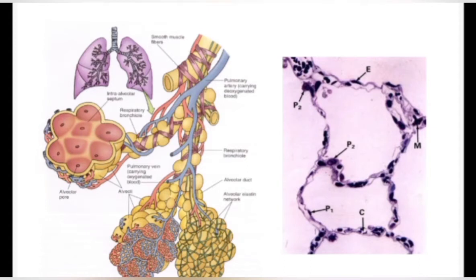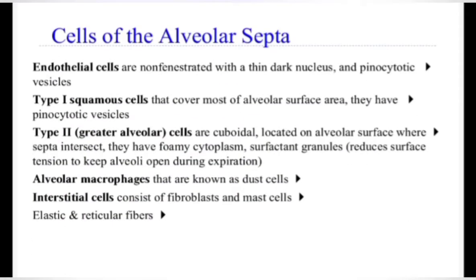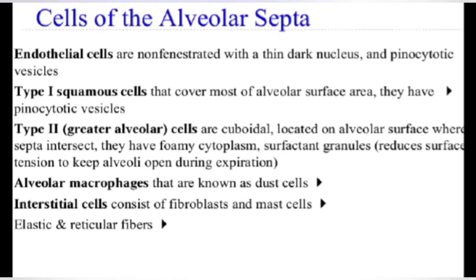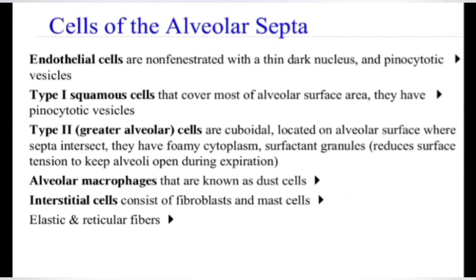So these are the alveoli, and they are surrounded by the capillaries, and this is the microscopic picture of an alveolus. Cells of the alveolar septa are: there are endothelial cells which are non-fenestrated with a thin dark nucleus and pinocytotic vesicles.